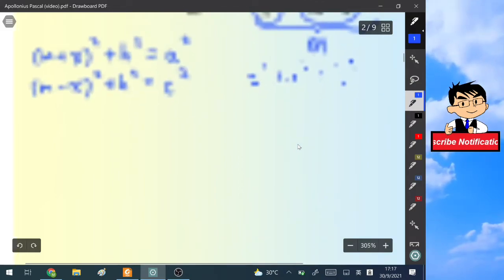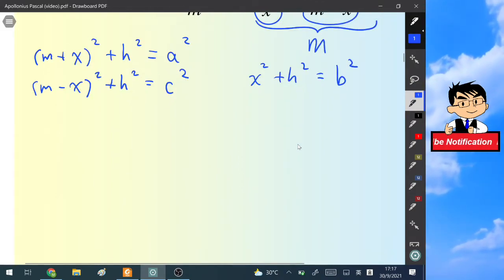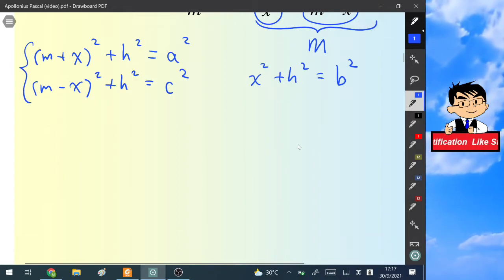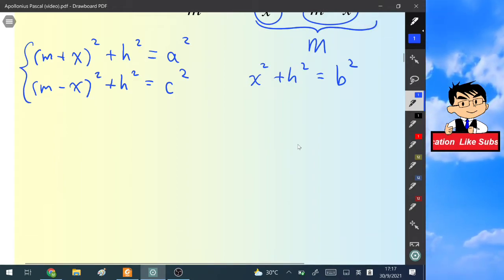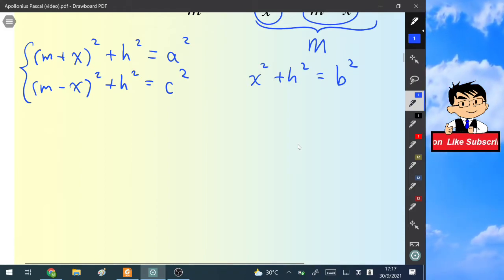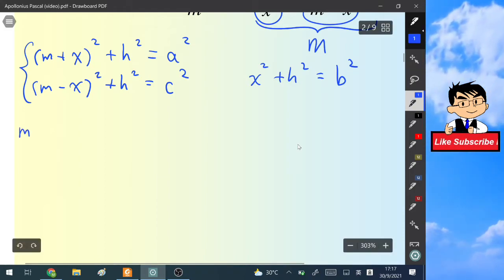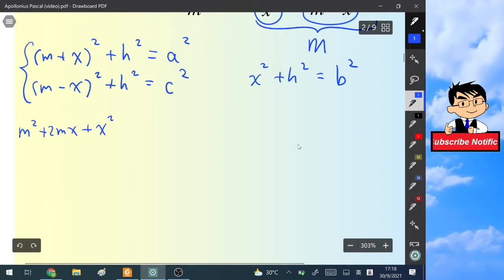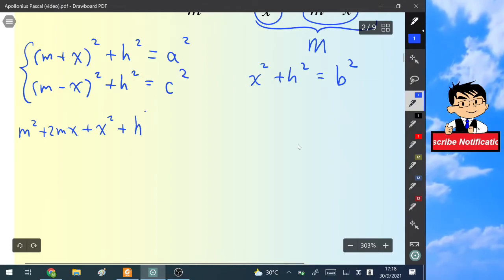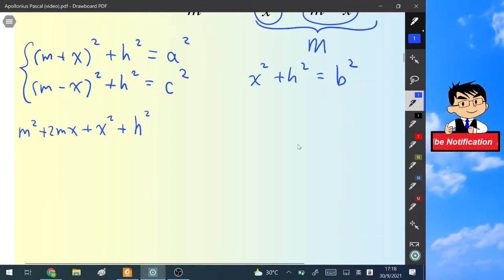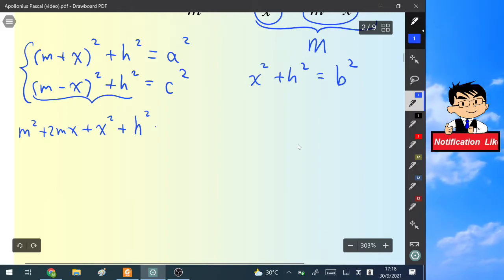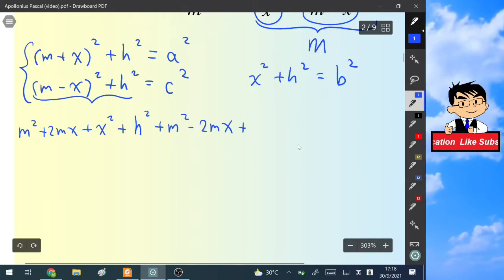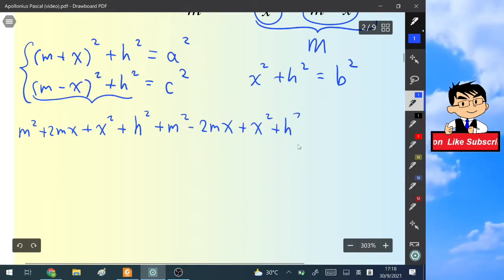Now we can simplify these three expressions. I'm going to add the first two equations, left side with left side and right side with right side. We multiply the terms out, which is m square plus 2mx plus x square plus h square on the left hand side, and then the second equation, m square minus 2mx plus x square plus h square.